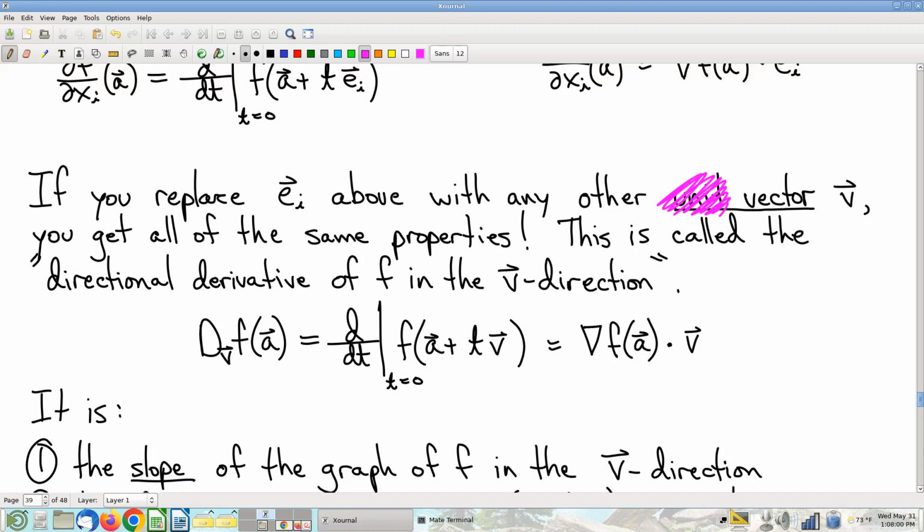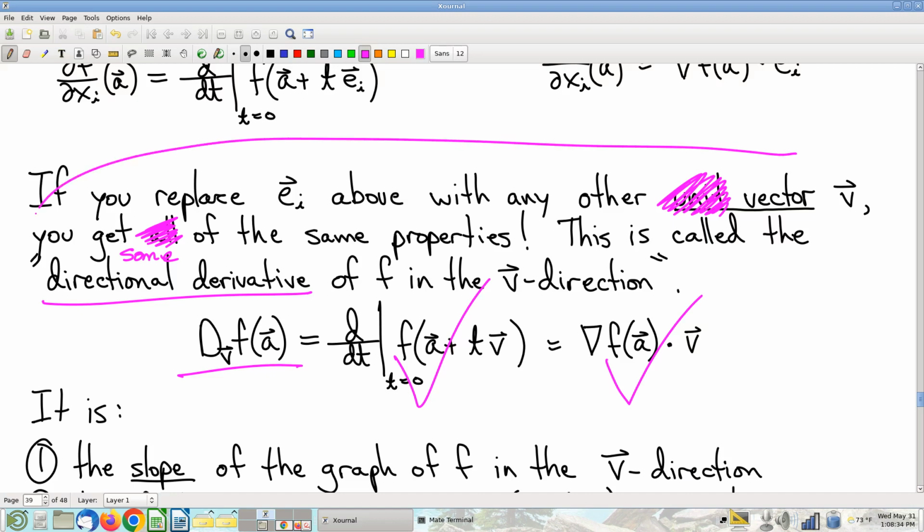And listen, they're not wrong. They will readily confess that you don't get all of the same properties, only some of them. But they will still use the same term, directional derivative, the same notation, and the same definition formula. And good news, it's still computed by the same dot product.